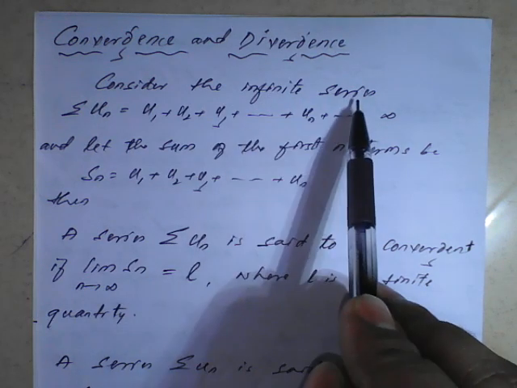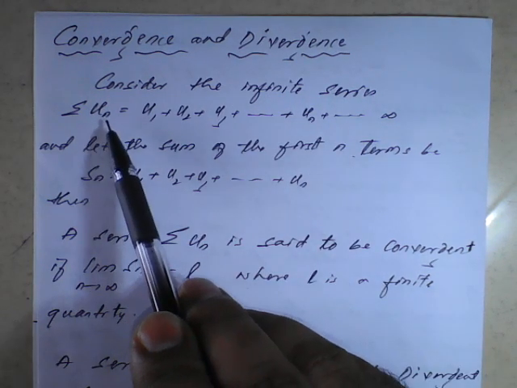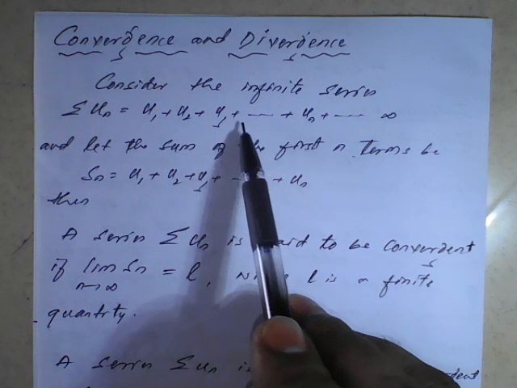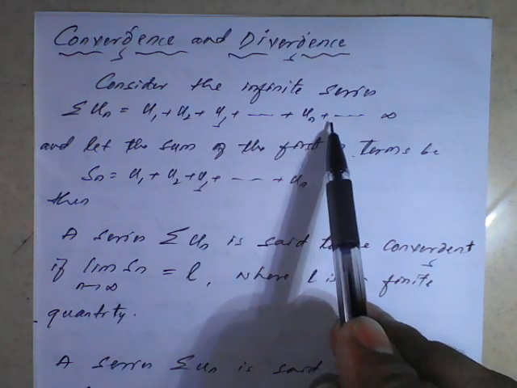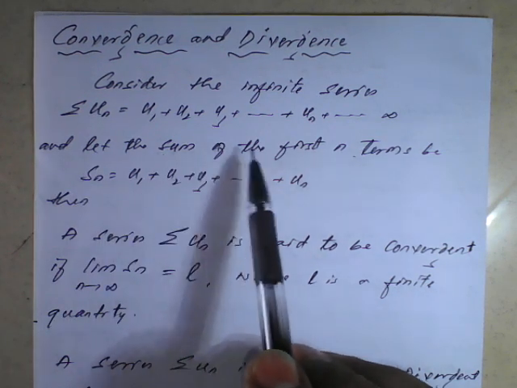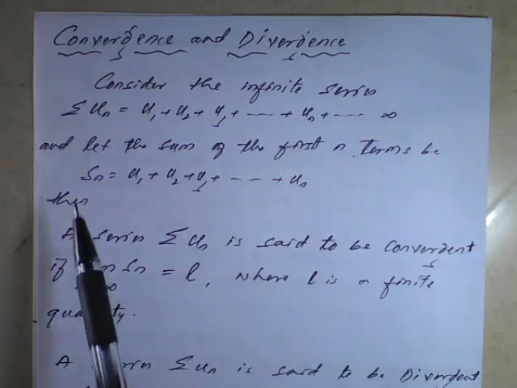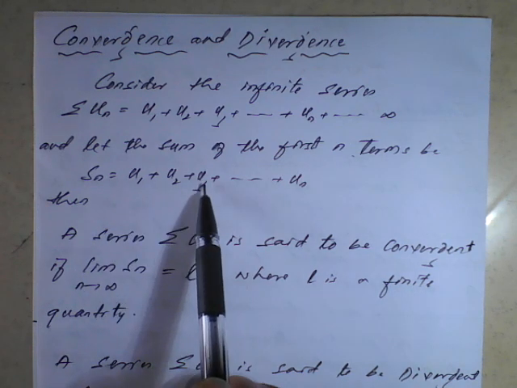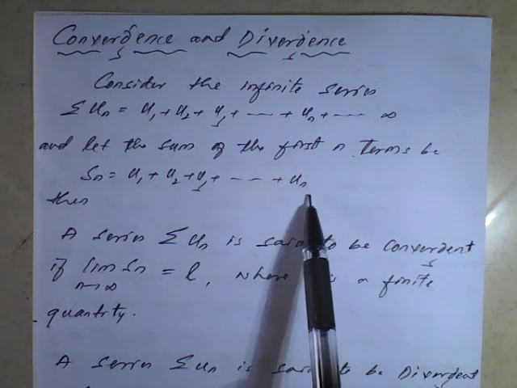Consider the infinite series summation of un is equal to u1 plus u2 plus u3 plus so on un plus so on to infinity, and let the sum of the first n terms, as we have already seen, be Sn is equal to u1 plus u2 plus u3 plus so on up to un.